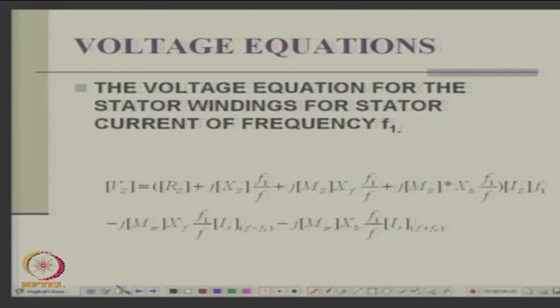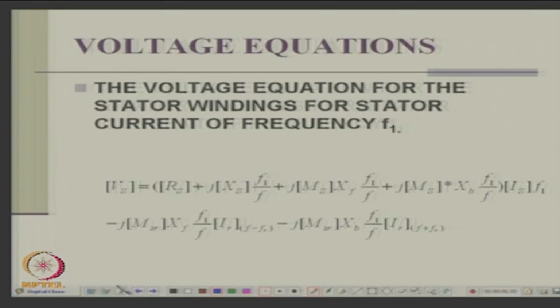Now, when you have one winding, you can write one equation. If you have m plus n windings, what do you do? You must write m plus n equations for all the windings. Since it is too clumsy, you normally use the matrix method.